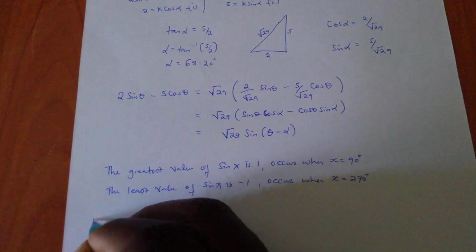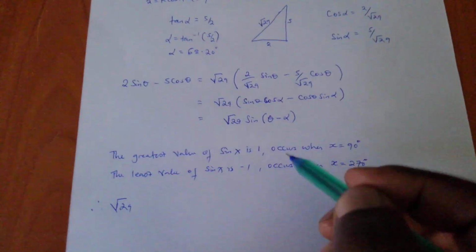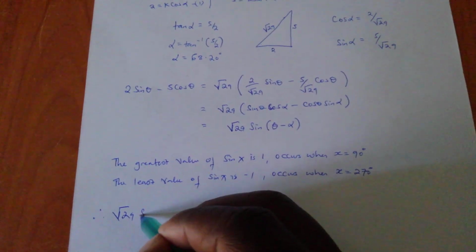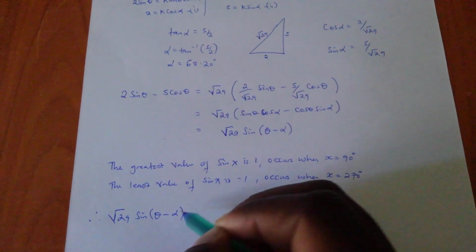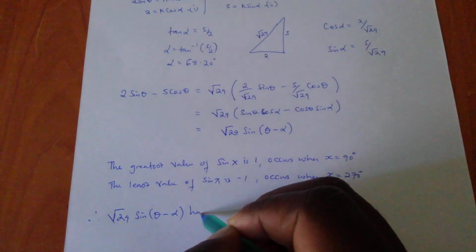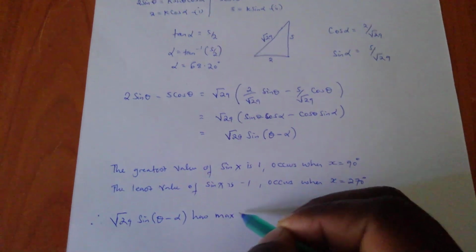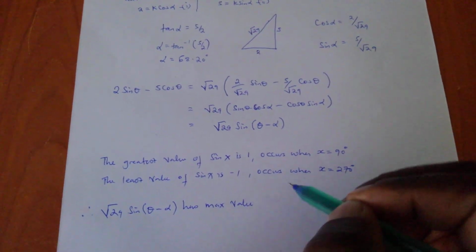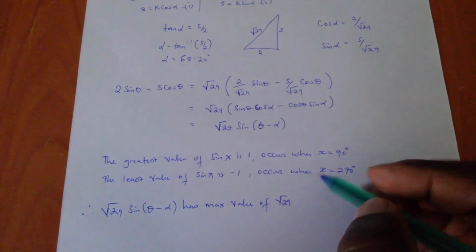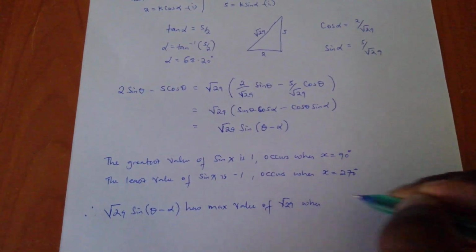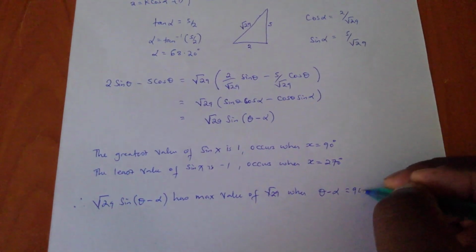So I will say, therefore, root 29 sine theta minus alpha has a maximum value of root 29 when theta minus alpha is equal to 90 degrees.